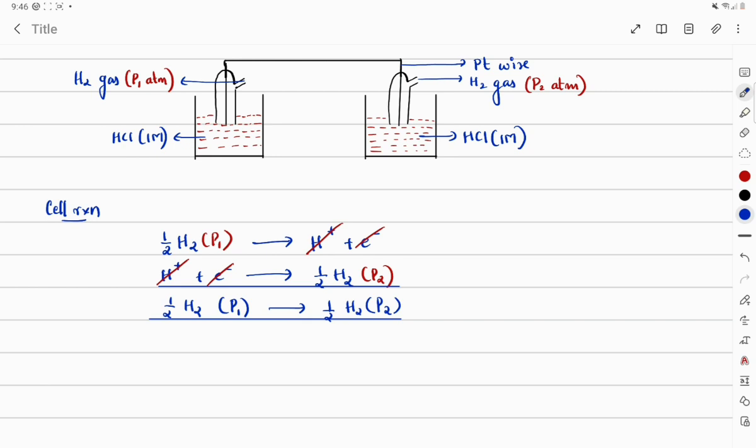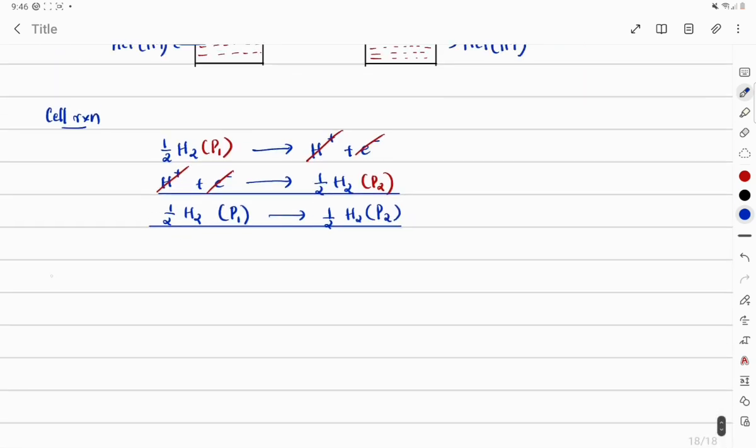Now we need to find the cell potential for this. Again, using Nernst equation, we have E cell equals E0 cell minus 0.0591, it goes on, but we know E0 cell is 0. So let's write just minus 0.0591 divided by n. What is the n value here?